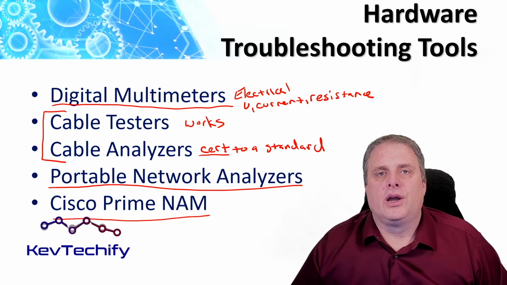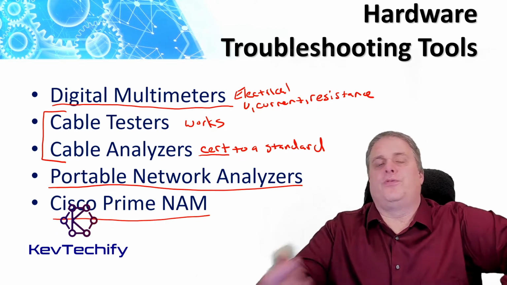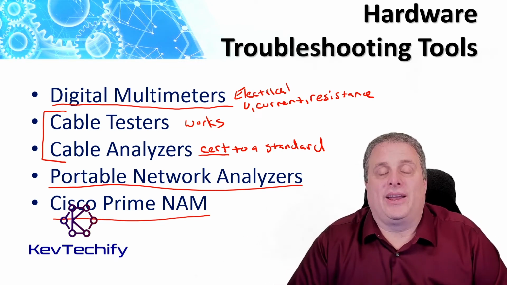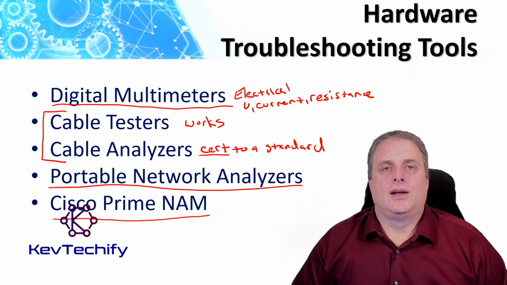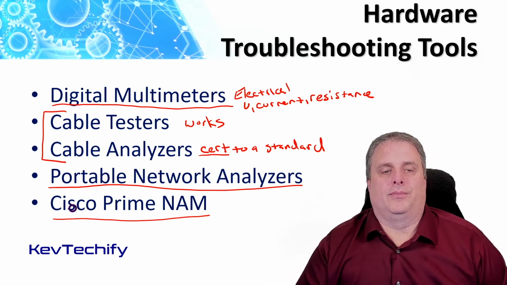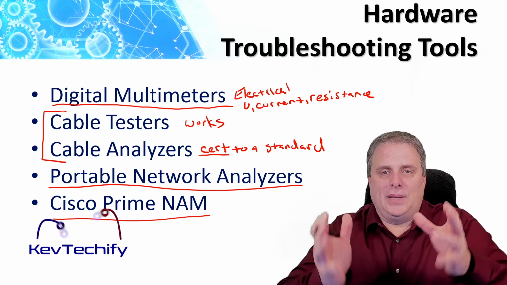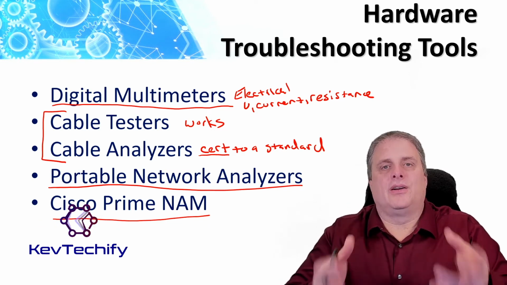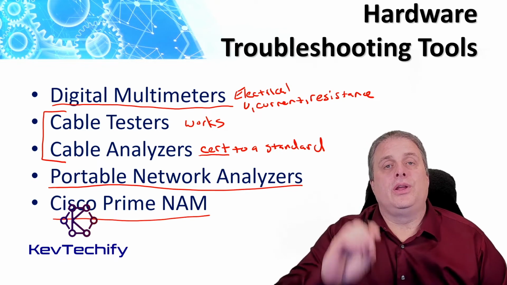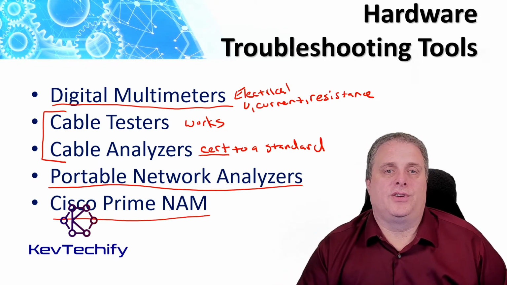It'll look at your devices and give you feedback on it. It will do kind of what these portable network analyzers do, and it'll give it to you in a nice, easy-to-read form. And of course, being nice and easy and convenient, there is a big price tag that typically goes along with this, including you need to have the Cisco Prime infrastructure.